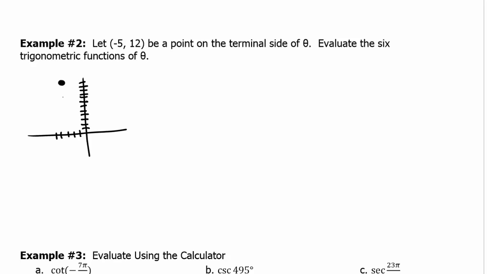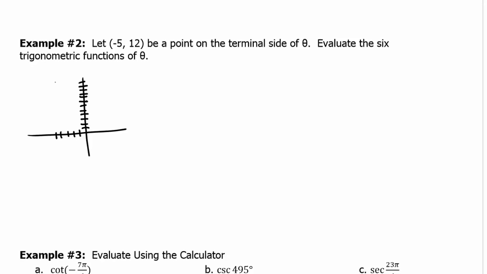You just have to know that you are plotting the point, connecting it to the origin, and making a triangle with the x-axis. Your angle is always between the terminal side and the x-axis. So this time I went -5, up 12 to get to this point here, which is at (-5, 12).